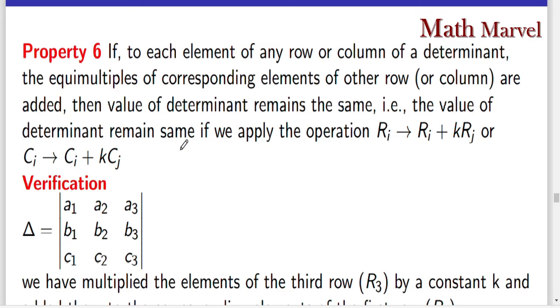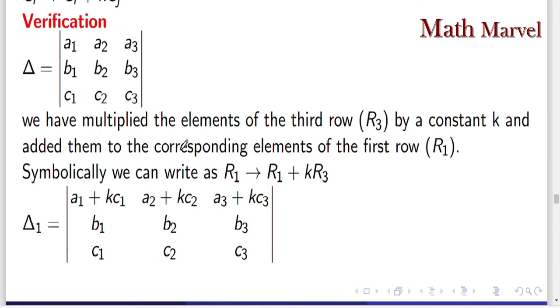So here what do we do? Here one determinant is given. This determinant contains a1, a2, a3, b1, b2, b3, c1, c2, c3. Here we perform one operation on a row. So what is my operation? Here row 3 is multiplied by k. Each and every element of row 3 is multiplied by k, and then we add it to row 1. So we get a new row R1. Yes or no?